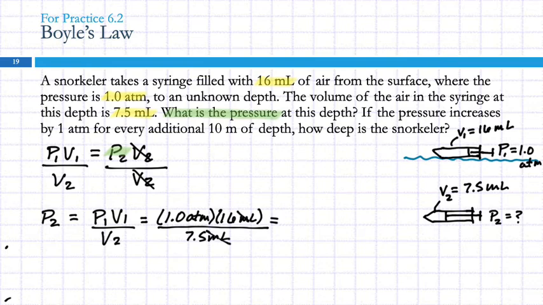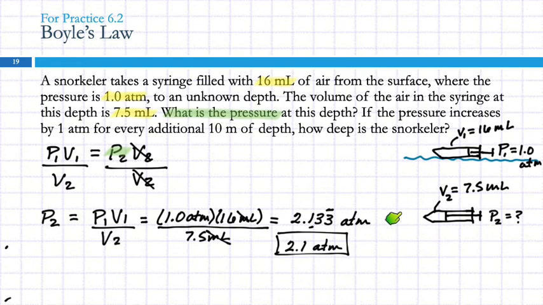And the milliliters cancel out, leaving atmospheres. So 1 times 16 divided by 7.5. How many sig figs should this have? 2. So the answer to the first question is 2.1 atmospheres. So the pressure down here is 2.1 atmospheres.